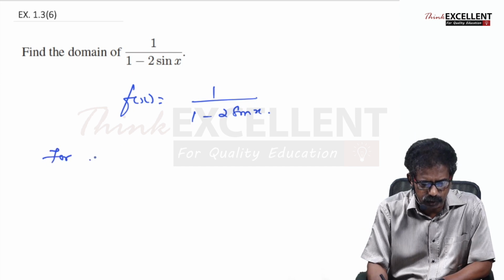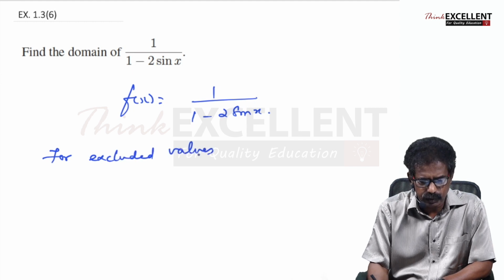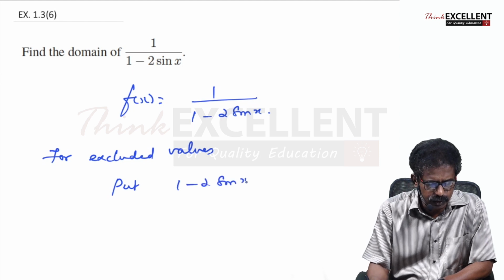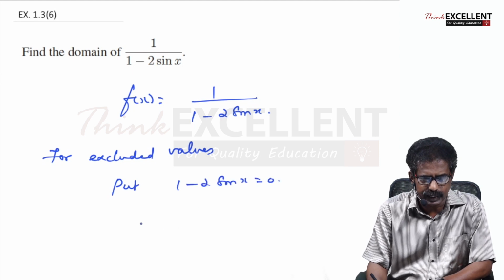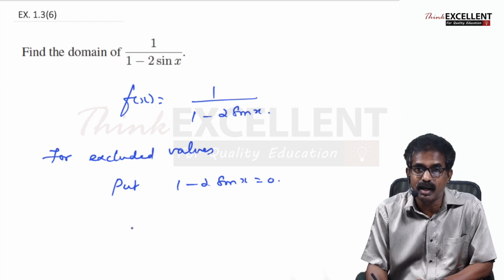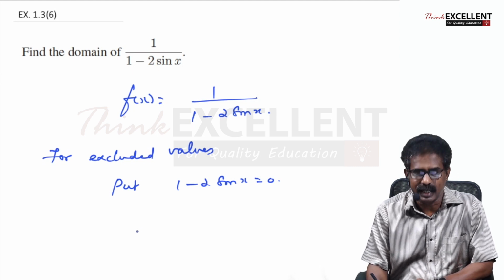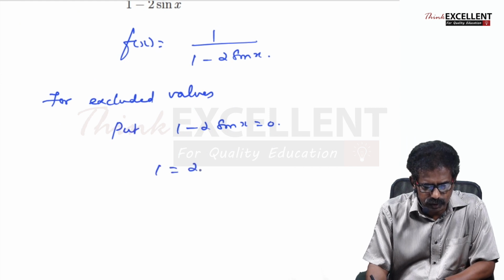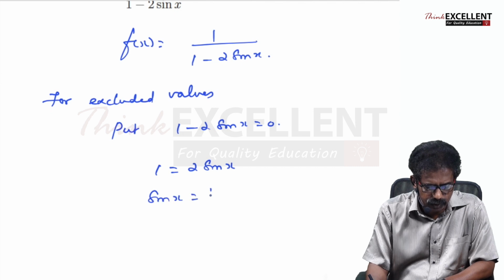So put 1 minus 2 sin x equal to 0. From here you solve for x, another trigonometric equation, right? So 1 equal to 2 sin x, or sin x equal to 1 by 2.